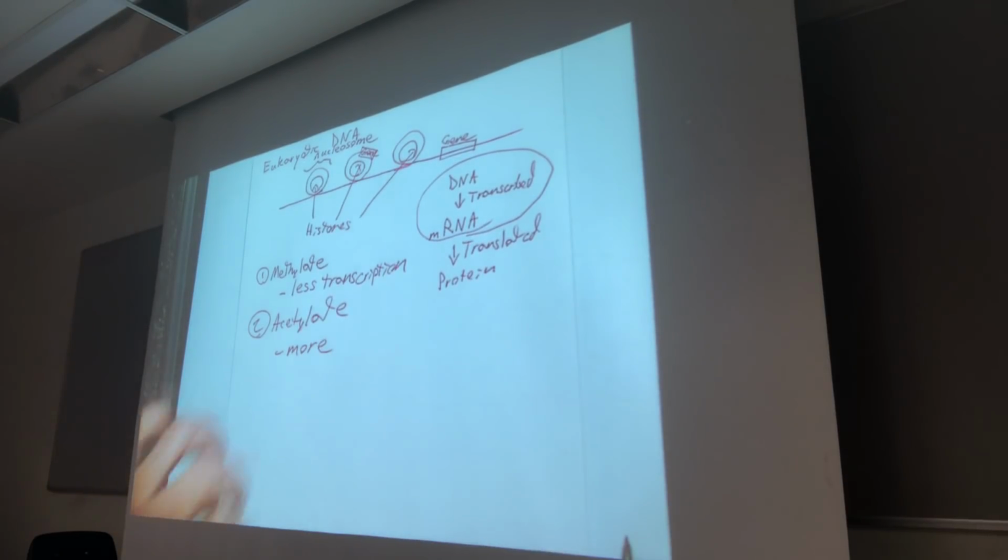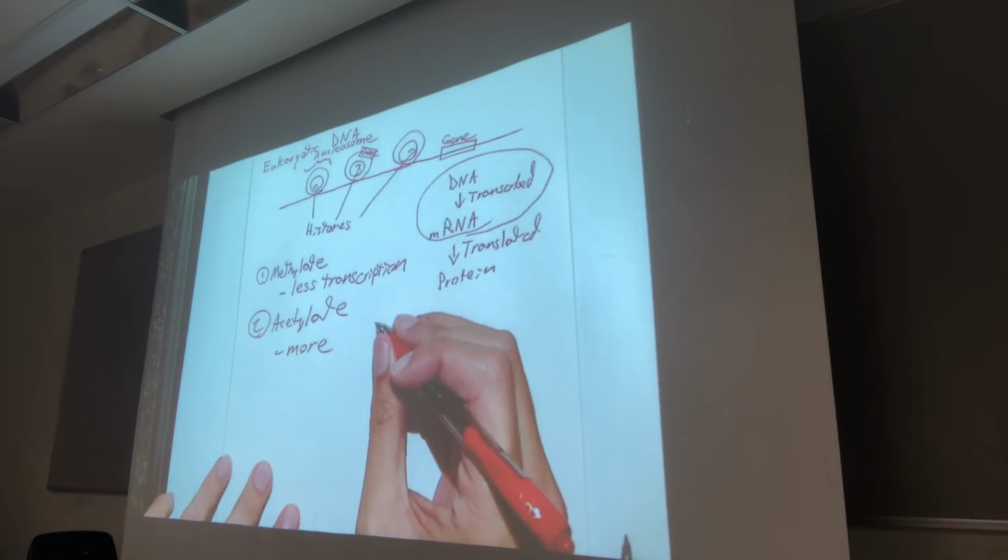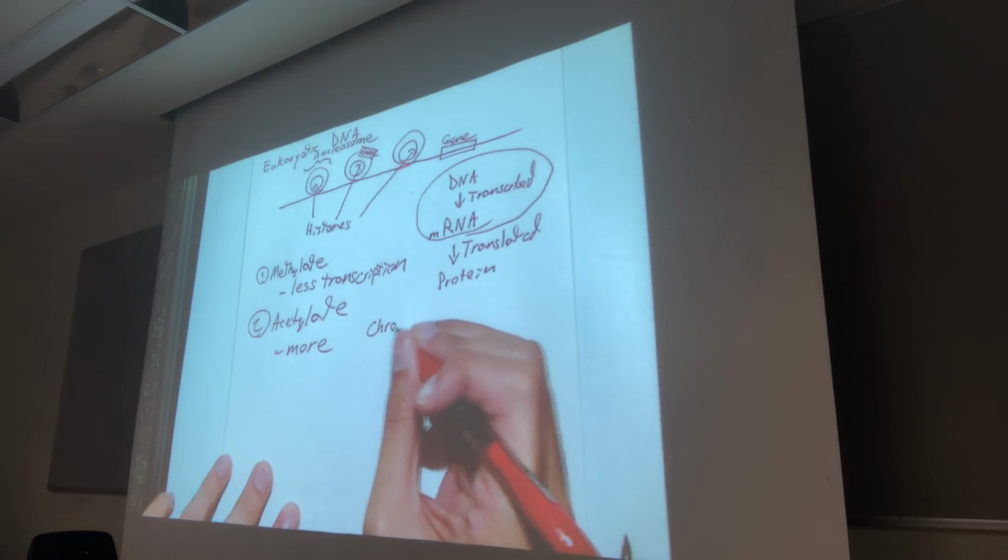Okay. It turns out that there's this whole series of enzymes that exist to modify chromatin, to modify nucleosomes. Some methylate, some acetylate, and some remove methyl groups and others remove acetyl groups. These are called chromatin modifying enzymes.